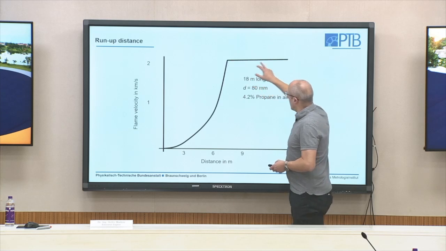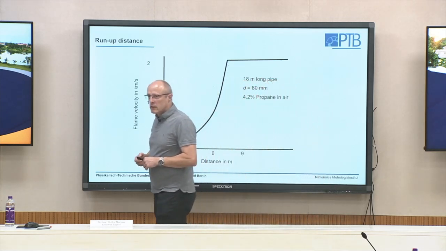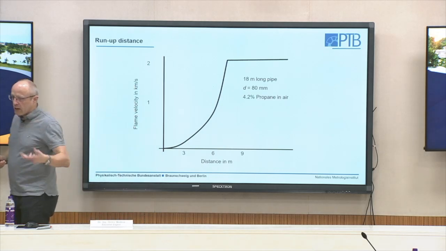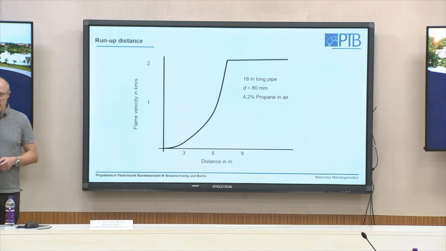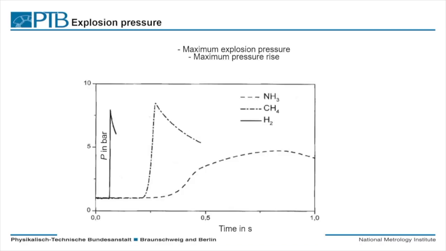At that time the flame propagates with more than 2,000 meters per second through our system, with much higher pressure than the typical explosion pressure. So normally we try to stay in the deflagrative region to avoid detonations, and as I said, in open configurations this normally does not occur.